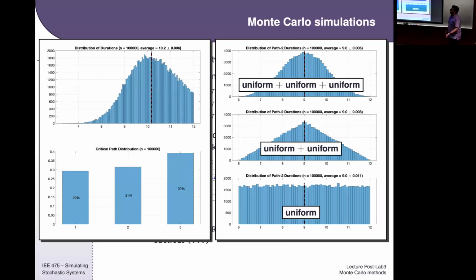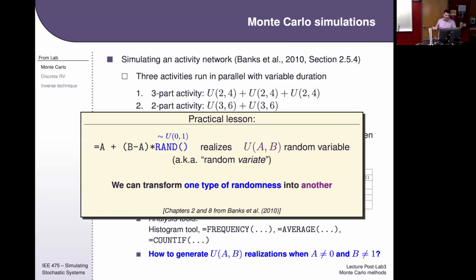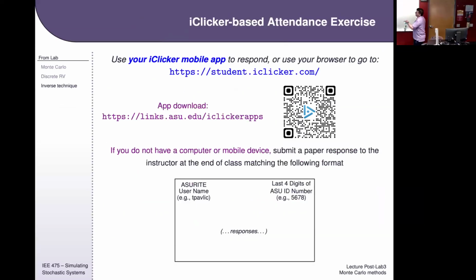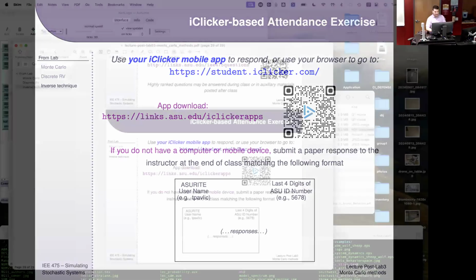So let me get to an iClicker for today, and then I'll let you go. The iClicker for today is, what are the moving agents inside NetLogo called?